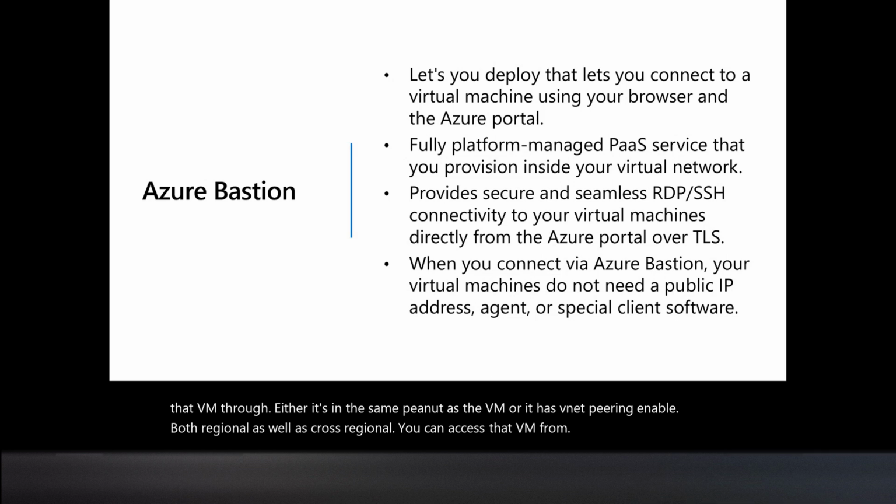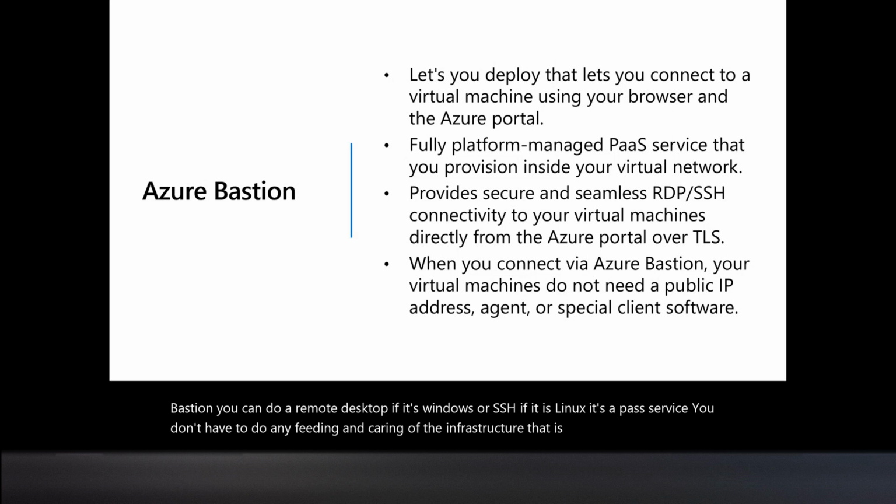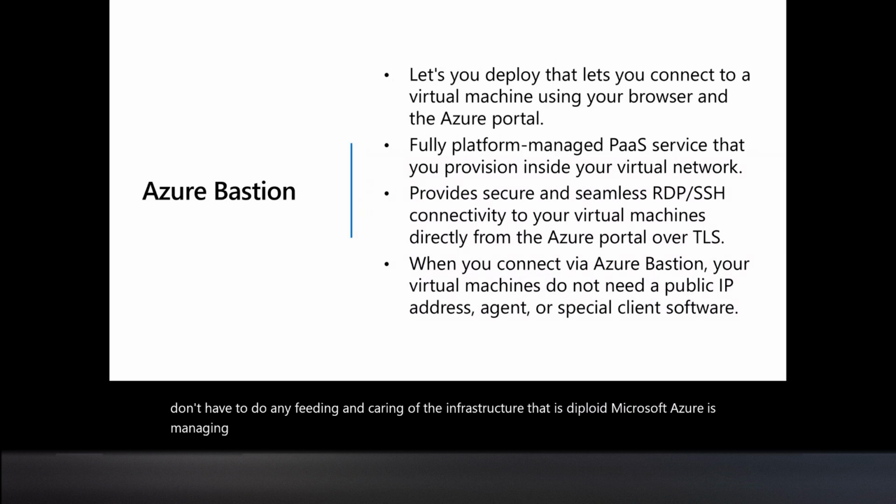You can do a remote desktop if it's Windows or SSH if it is Linux. It's a PaaS service. You don't have to do any feeding and caring of the infrastructure that is deployed. Azure is managing those VMs. Once again, there is no agent or public IP required.